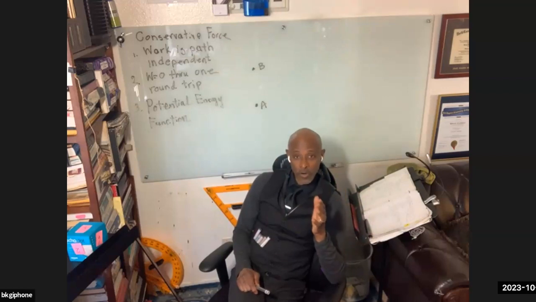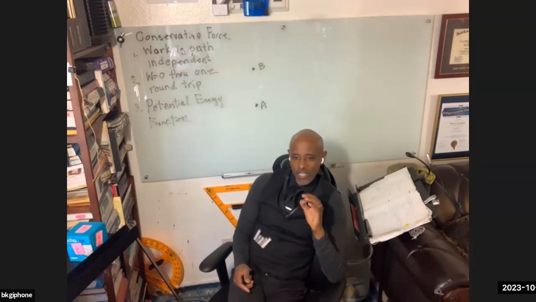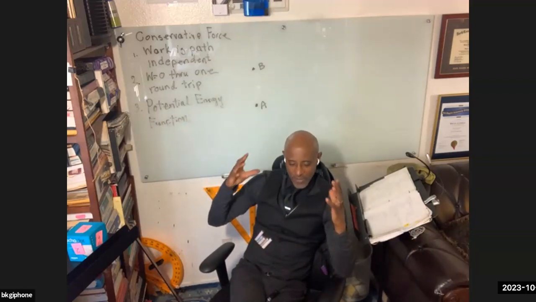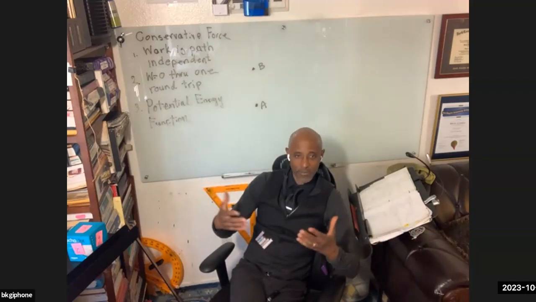Because I told you earlier, it's how we started this lecture. Thinking about acceleration as some sort of property associated with an object is one limited perspective. You can think of it as a field which is independent of any object, and it just exists in the air. I know it's weird to think about it that way, but you have to convert to thinking about the concept of a field.